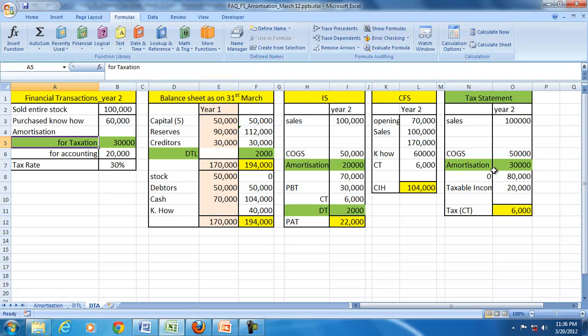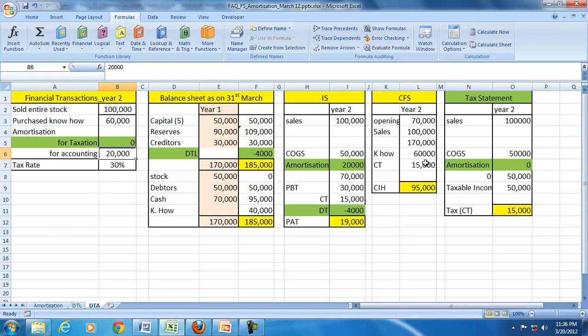Why was there a deferred tax? Because the amortization for taxation was 30,000, where the amortization for accounting was 20,000, and this we consider as a timing difference.